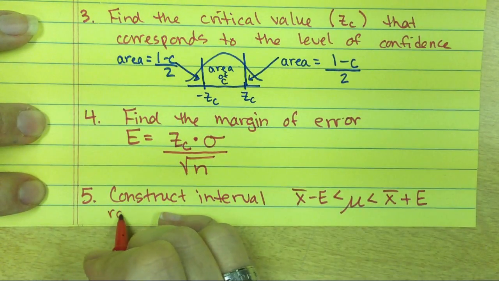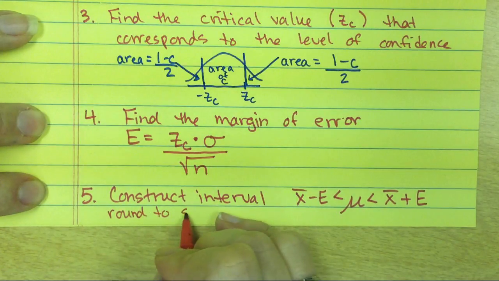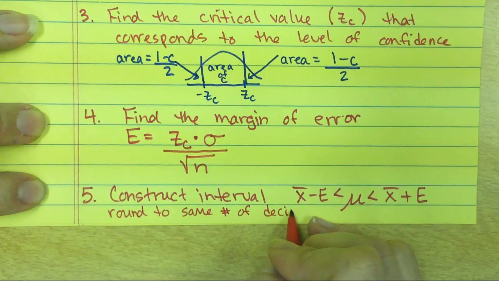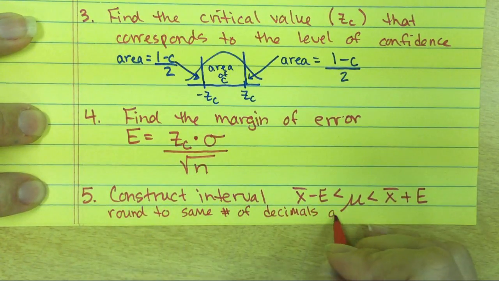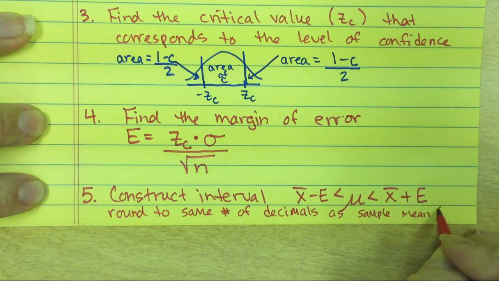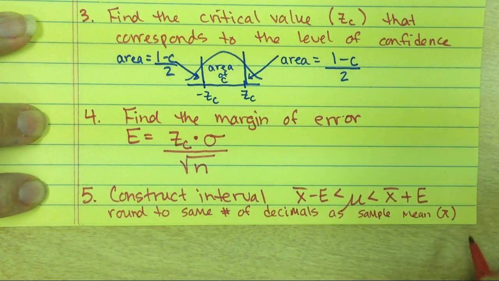And we are going to round this to the same number of decimals as the sample mean, which is x bar.